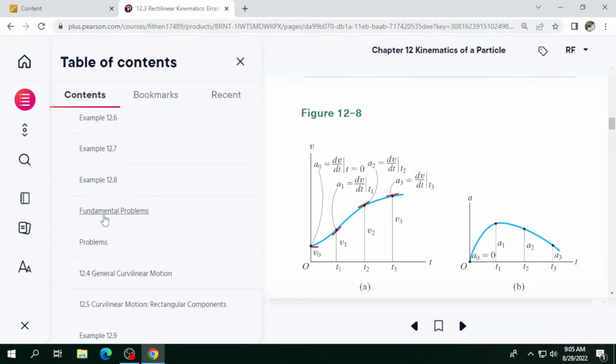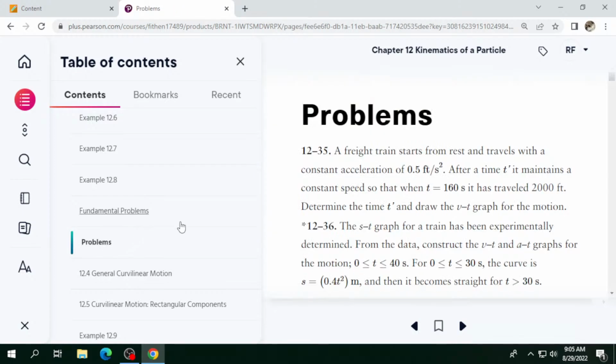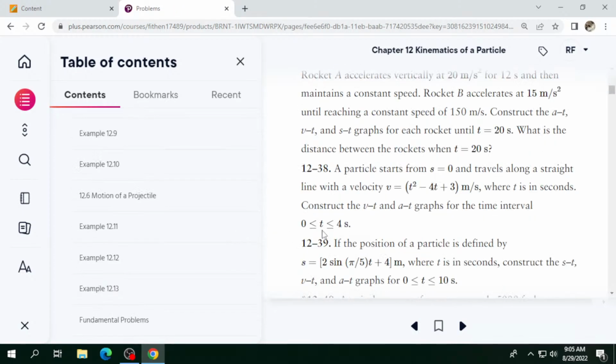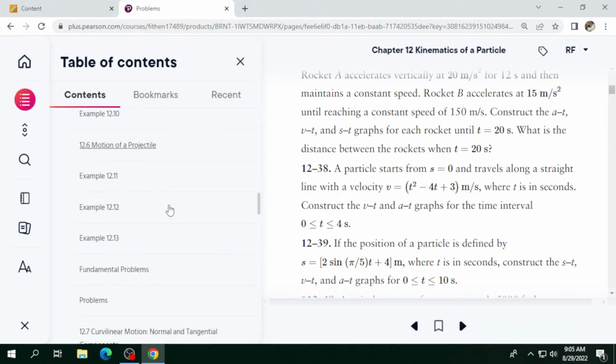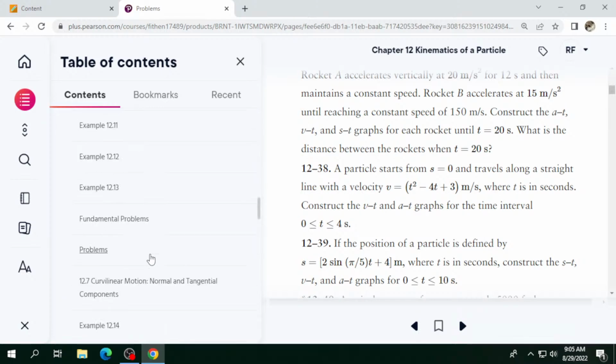Instead of clustering all the problems at the back, he put these ahead of some of the others, which is interesting. Then he does curvilinear motion, rectangular components, which we did, and then a projectile, which we kind of did. He does some examples. Then he does fundamental.